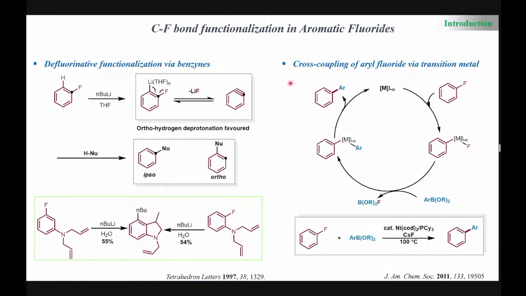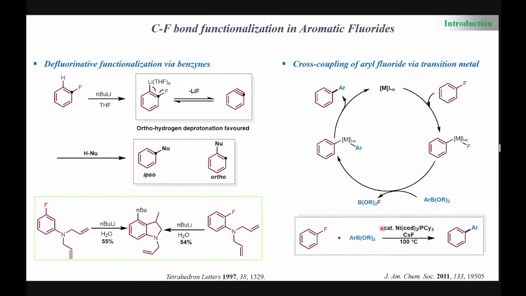And of course, there's transition metal catalyzed C-F bond activation. Just like the Suzuki coupling reaction, it starts with oxidative addition to aryl fluorides. This step is difficult because of the high bond energy of the C-F bond, but people use highly electron-rich ligands or high reaction temperature to make this step happen. Then this intermediate undergoes transmetallation, then reductive elimination to give the final compound.